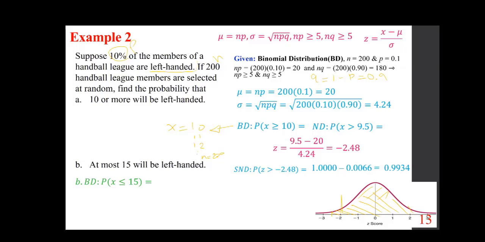In other words, when we want to go from binomial distribution to standard normal distribution, we have to change the number 15 to either 15.5, we are adding, or 14.5, we are subtracting 0.5. Which one and why? You're going to add, so you can include 15, so 15.5. Absolutely. That's why it's extremely important.